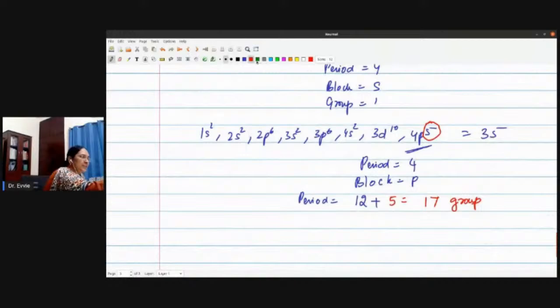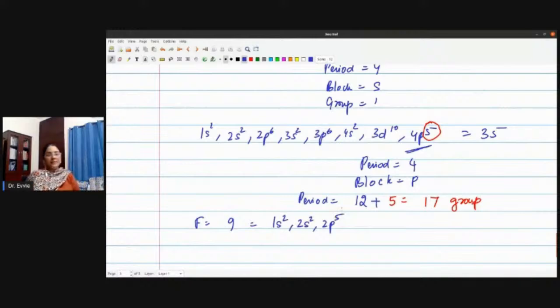Suppose, let me do a simple one. Let us take fluorine. Okay, the atomic number is 9. So 1s2, 2s2, 2p5, right? So 9 electrons. So now what is the group number?